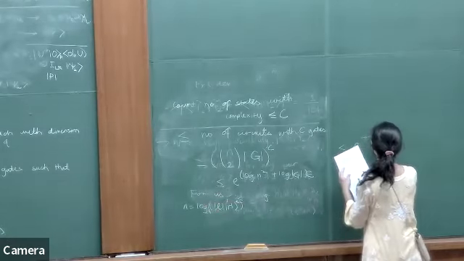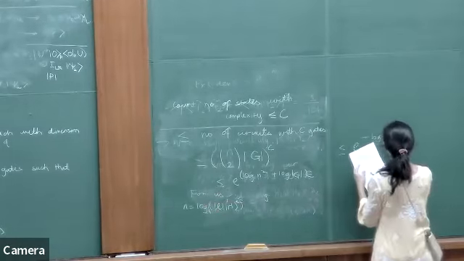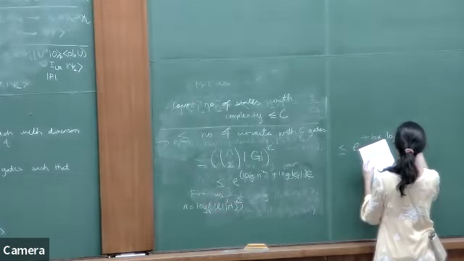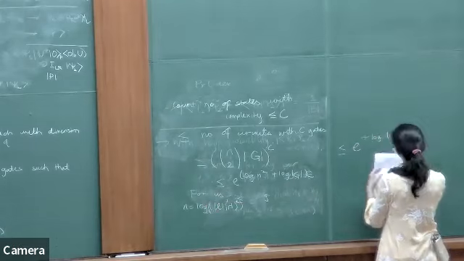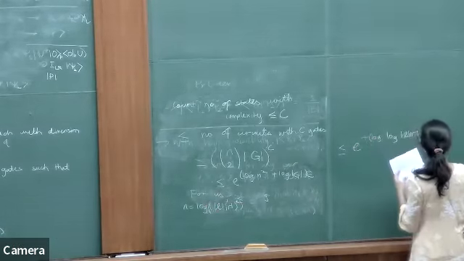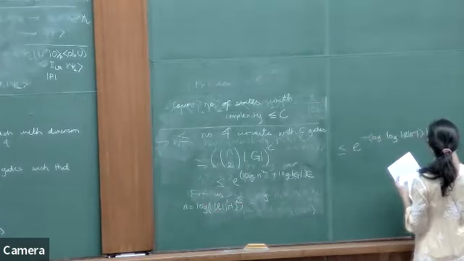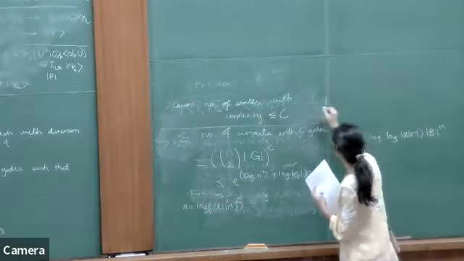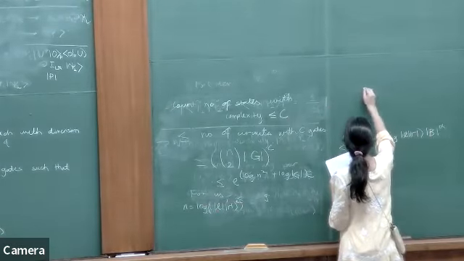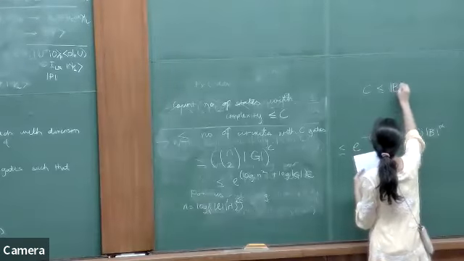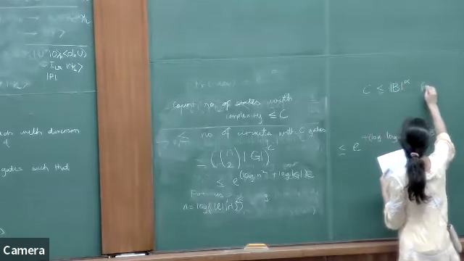So this is less than or equal to e to the 4 log LR times B. Oh, okay, sorry. When I said sub-exponential complexity, I meant that I want C to be less than or equal to B to the alpha for any alpha.